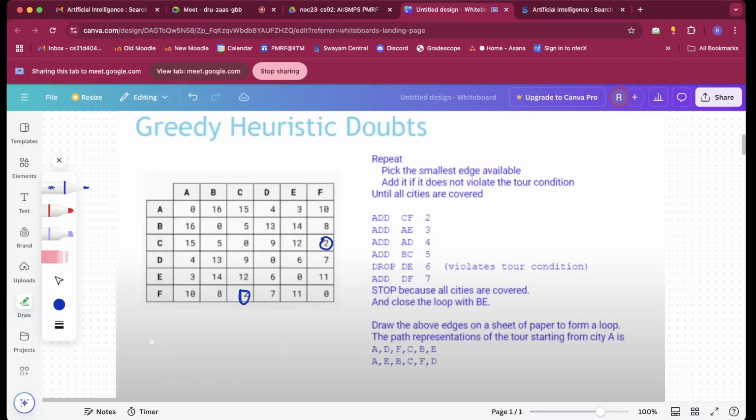So we will add the C to F edge in our graph. Next, other than 2, which is the least cost edge over here? It's this one with value 3 in the whole matrix. This is an edge between A and E, so we will add that to our graph.